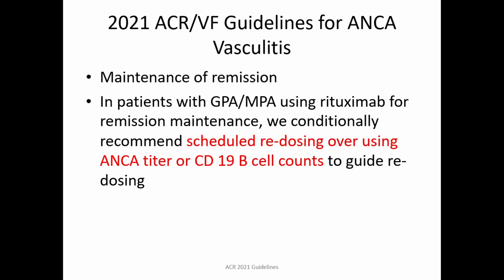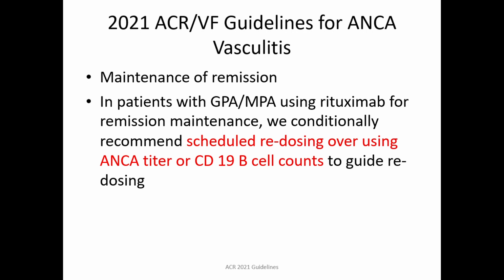Now, if your patient has got better with rituximab, instead of checking their ANCA titers or CD19 B cell counts every now and again to guide you in terms of further treatment, you should rather plan scheduled redosing with rituximab.